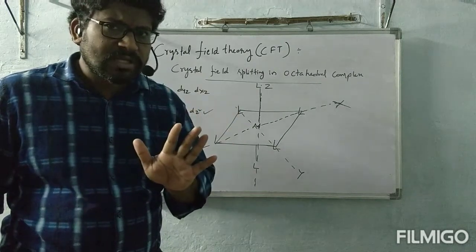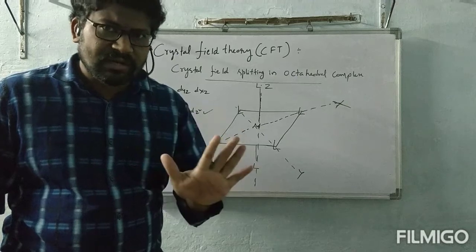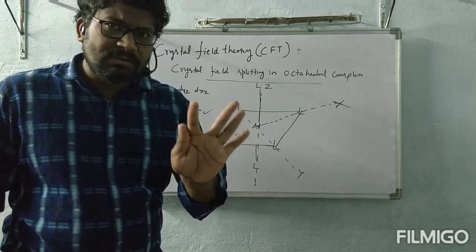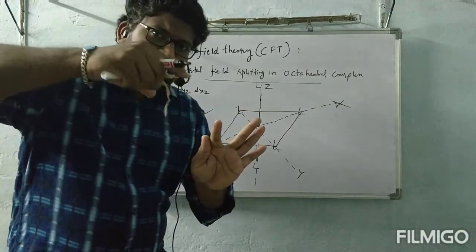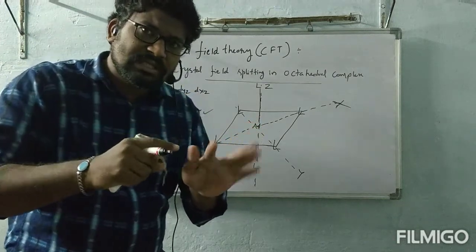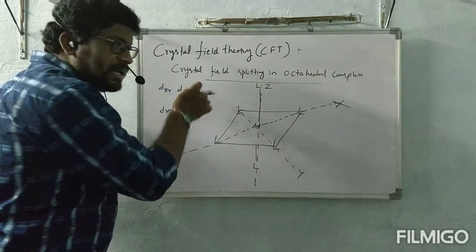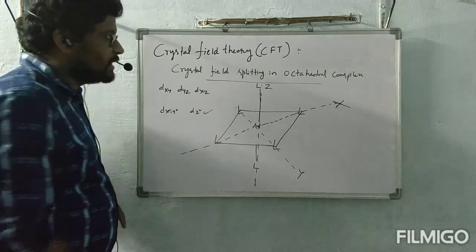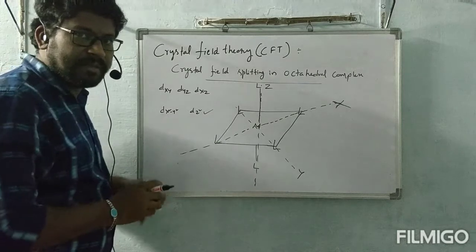Ligands are going to form bonds with the 5 d orbitals. Out of these, 2 orbital lobes are along the axis, so the ligands apply high repulsion on these 2 d orbitals. Because of this, these 2 orbitals' energy increases and the remaining 3 d orbitals' energy decreases. That splitting is called crystal field splitting in octahedral complex. Now I will show how it is happening.